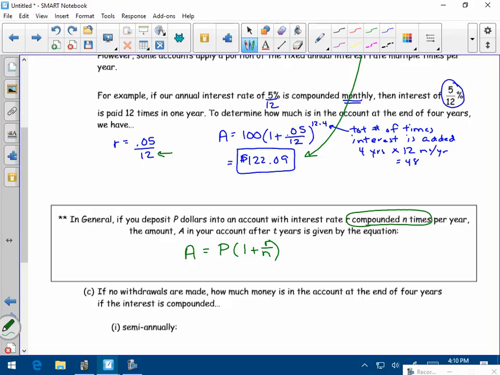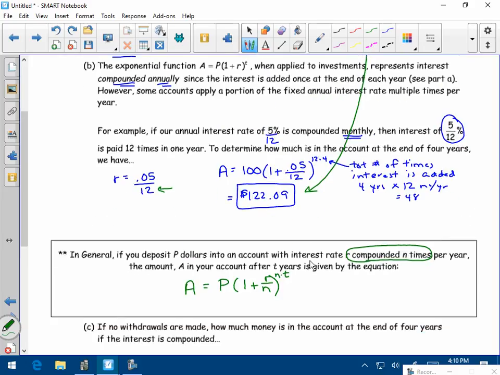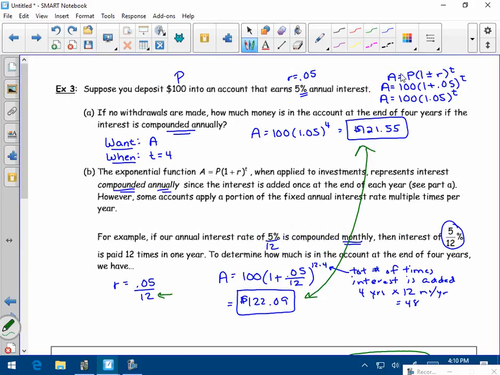And it's not raised just to the T anymore, it's raised to the number of compoundings per year times the number of T years. So we need to use this formula whenever you're dealing with money that's compounded a certain number of times. So when you're doing your homework, look for questions that say compounded. Know to use this formula as opposed to this one that we used when it's just a constant rate per year.